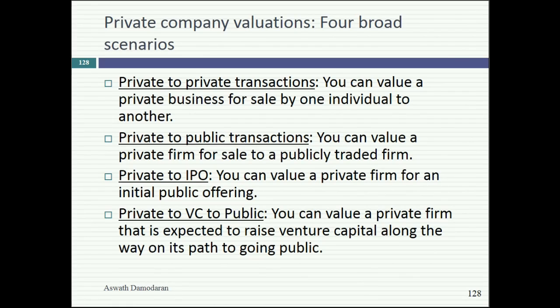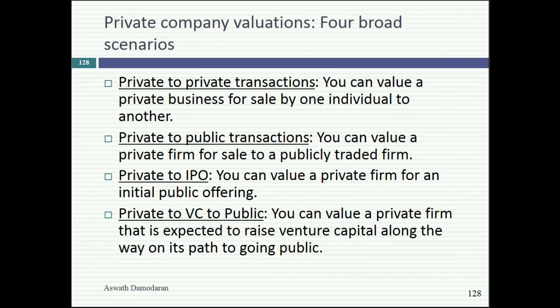This happened in my town a couple of years ago. This guy's been around, he does children's braces, a lucrative business, he's got this client base, and he's bored out of his wits. So he's got to 60, he's made enough money, he's trying to sell his dental business. He's trying to sell it to another dentist. Private to private transaction. Most difficult valuation of all when both sides are private individuals.